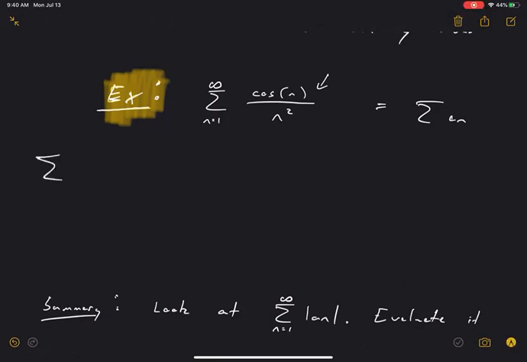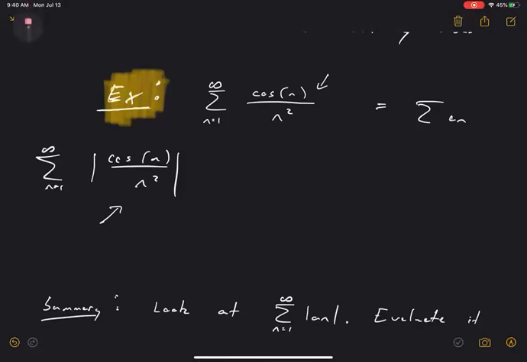What we do is, I'm going to take this series and consider the absolute values. So I'm looking at that series of absolute values directly. Now, it would seem that this is just more complicated, right? I have cosine of n over n squared, and now I have the absolute value bars.